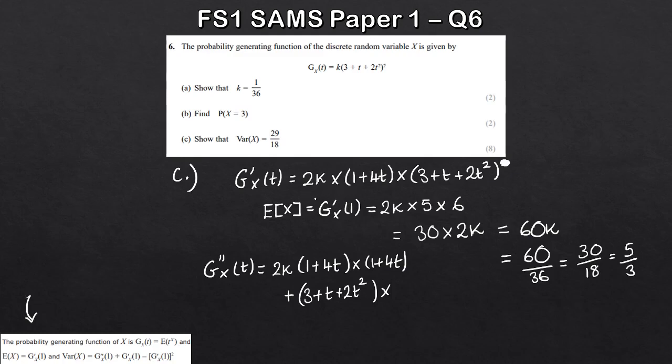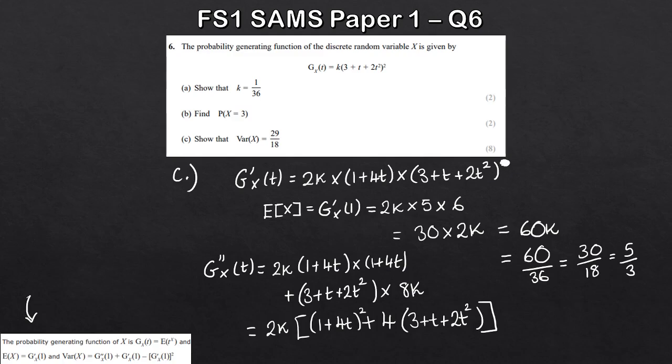In this case, that would simply be 8k. What we can do here is factor out a 2k. That's 2k, square bracket 1 plus 4t squared, plus 1 plus 4t times 1 plus 4t here. Plus, I've got 4 lots here. If I factor out a 2k, I've got 4 lots of this. Okay, so that's our first part there.